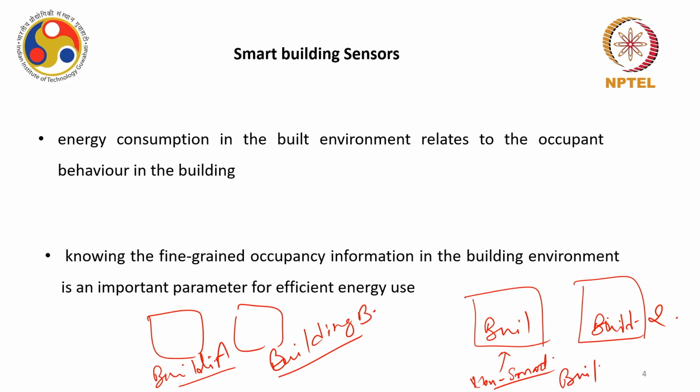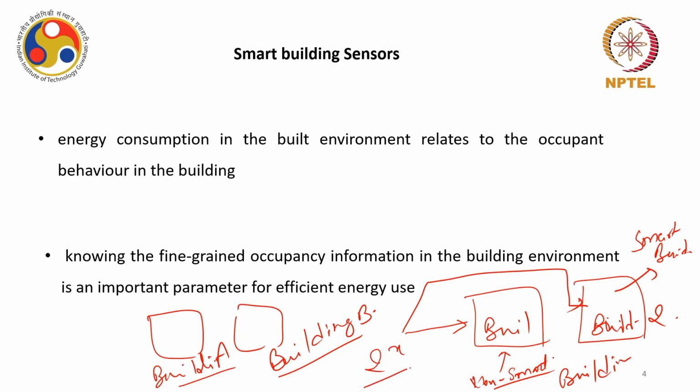And at the same time, I have another building. This is building number 2, which is a smart building. Now say I am providing X units of energy to both the buildings. So 2X was the initial energy supplied, with X being supplied to building 1 and another X being supplied to building 2.